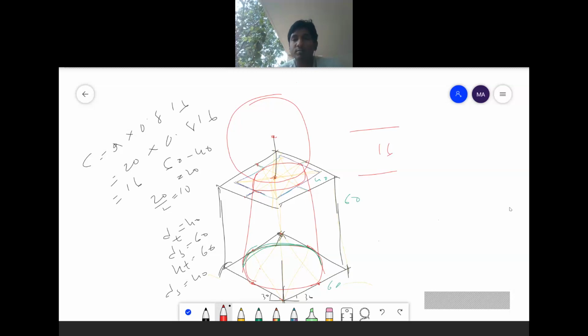Ma, is it clear? Ma, try to draw with your drawing instruments. Is it clear? Or anybody has any doubts?